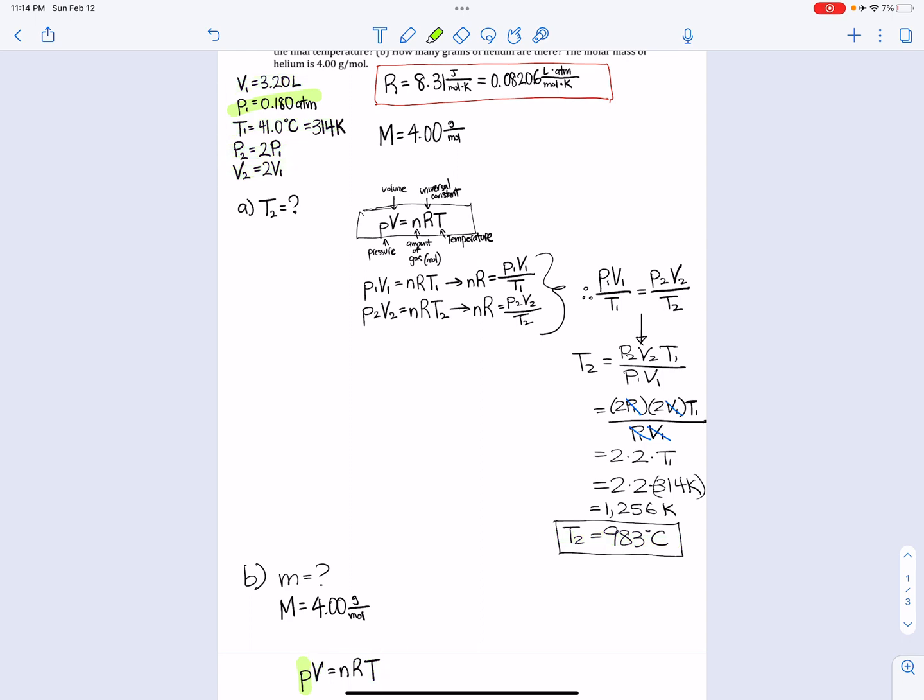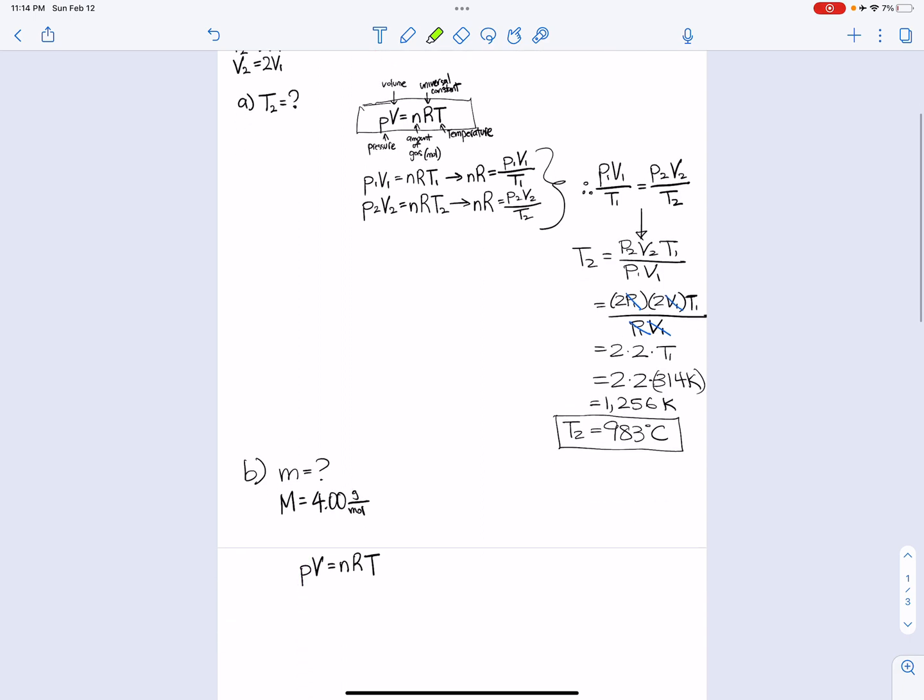So I can choose either to use the first state or the final state. In this case, I'll just use the first state. So P1, V1, and T1. And then I'm going to try to look for the amount of gas, which is in moles. Because if that's in moles, I know that this is going to cancel out, and then I'd be left with grams, which is a mass. Then that's what I want.